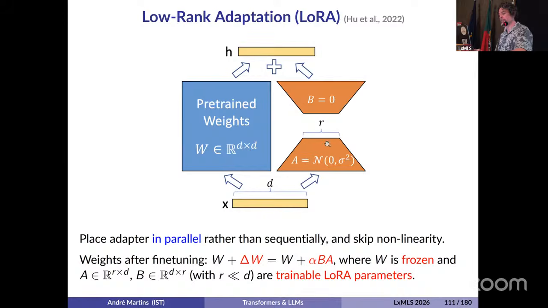Because B times A is going to have rank r. The rank corresponds to the dimensionality of this dimension here. The rest is the same. You just freeze the original weights, you just learn A and B, and that's the only thing you have to learn, right?